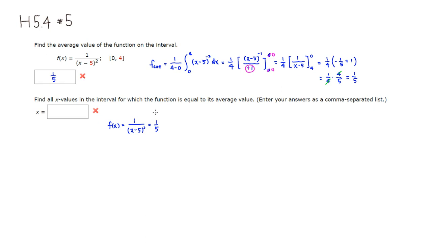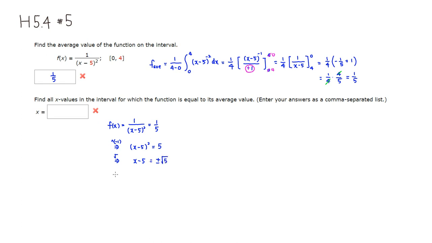First thing I would do is take the reciprocal of both sides. You get quantity x minus 5 squared is equal to 5. Then we take the square root of both sides, so we have x minus 5 is equal to plus or minus square root of 5.